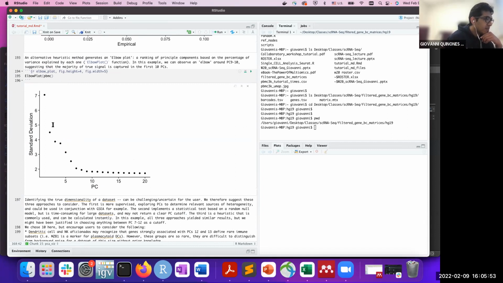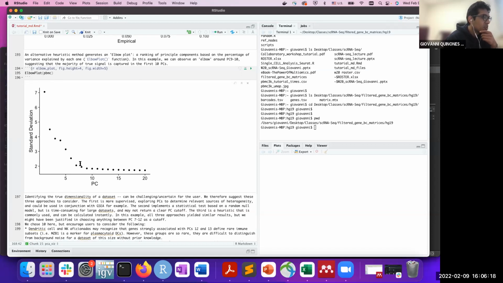So in this elbow plot, we're plotting standard deviation, and here we're showing the different PCs. You can see that also somewhere between 5, maybe 6, the distribution starts looking different. Here we have a very steady increase, and then afterwards it's trailing off very slowly.